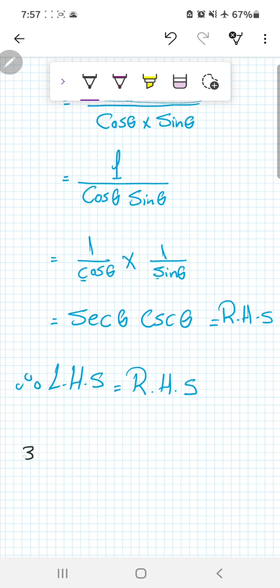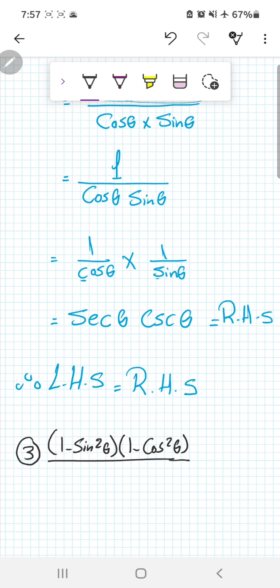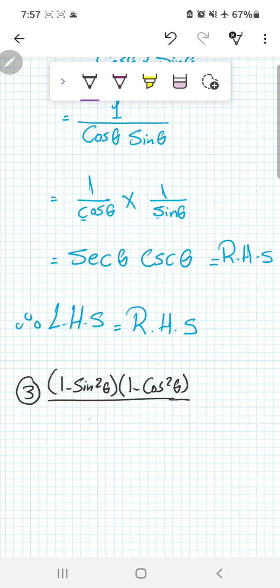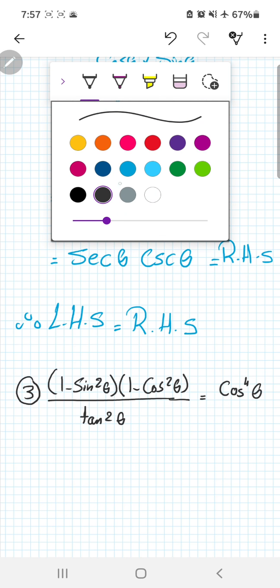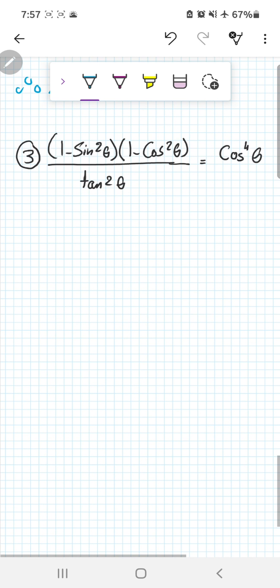We want to prove that 1 minus sine power 2 theta times 1 minus cosine power 2 theta over tan squared theta equals cosine power 4 theta. Also here, we get the left hand side to equal the right hand side.